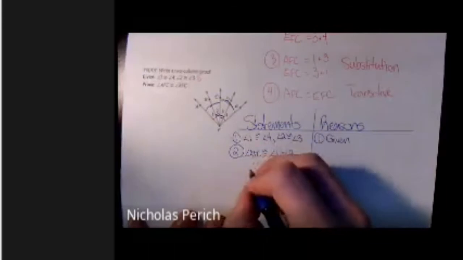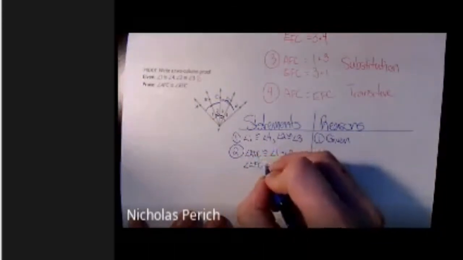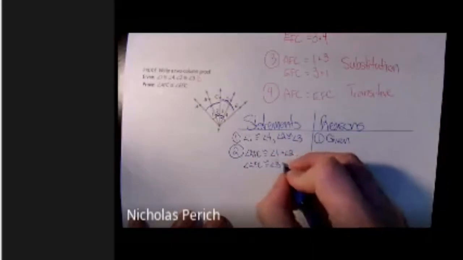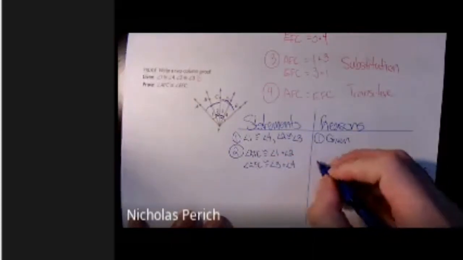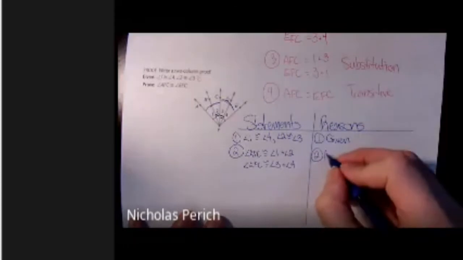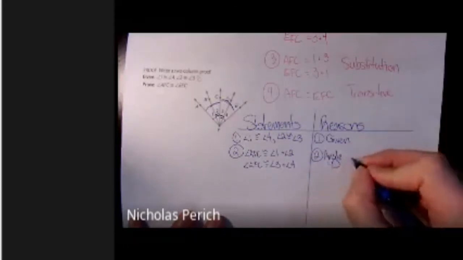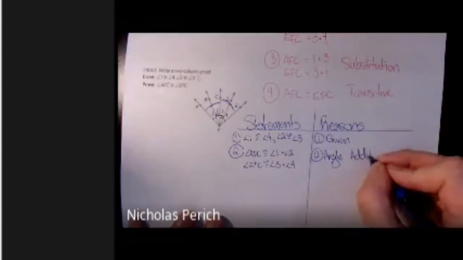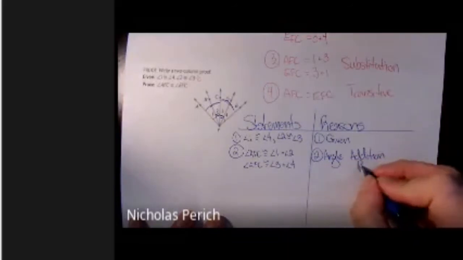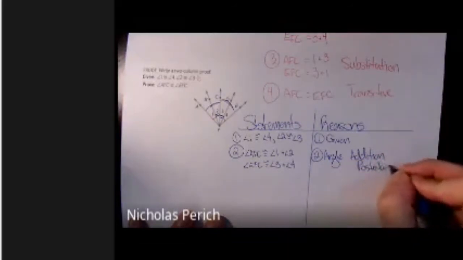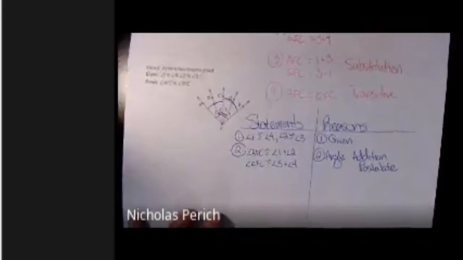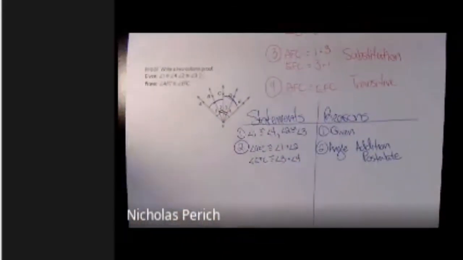I can also say that angle EFC is congruent to angle 3 plus angle 4. That, my friends, is the angle addition postulate. Pretty dope, huh, Bulls?